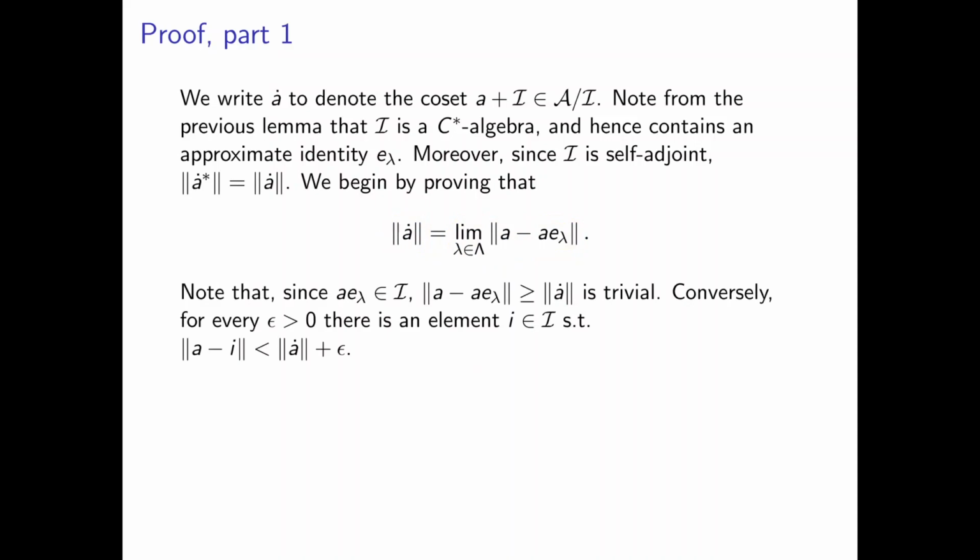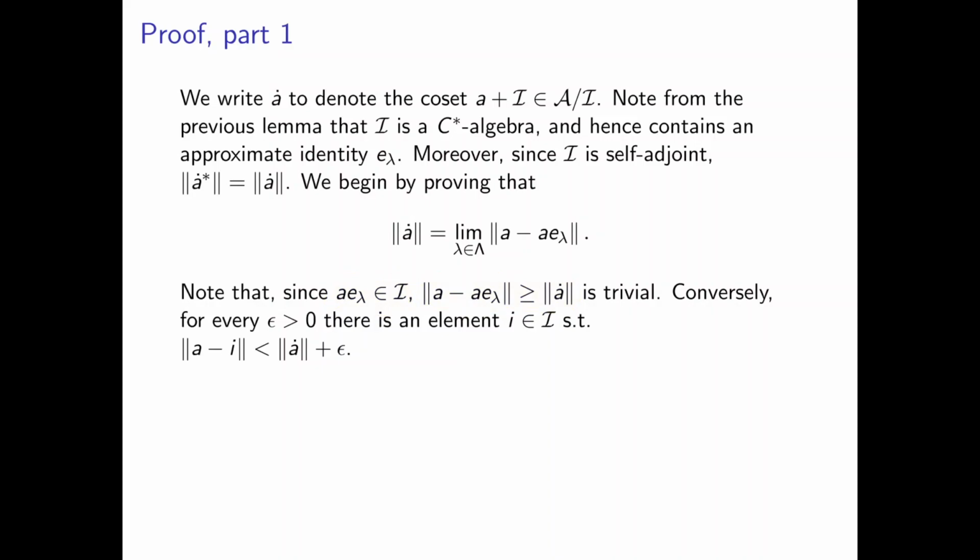So note that since A times this approximate unit E sub lambda is inside of the ideal for any element in this approximate unit, then of course by definition that we set up in the beginning, the norm of A minus A times E sub lambda must be greater than or equal to the norm of A dot. And this is sort of trivial by definition.